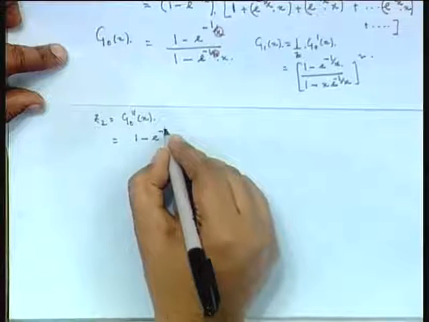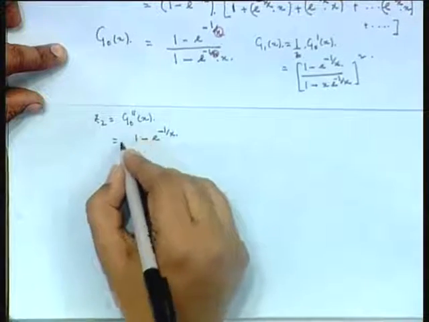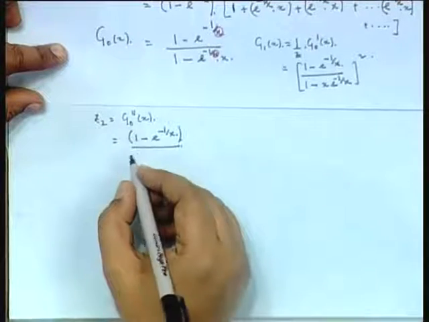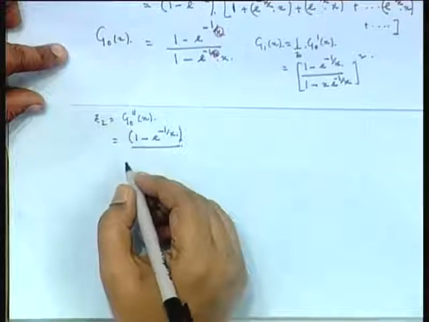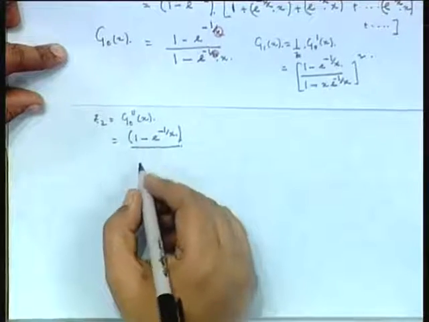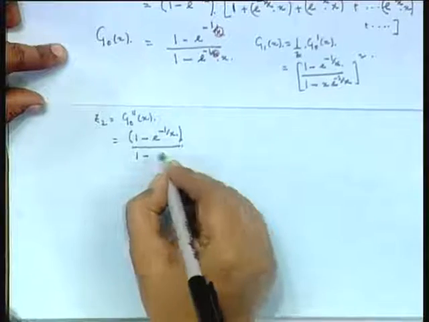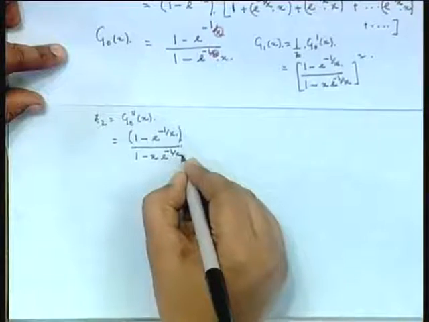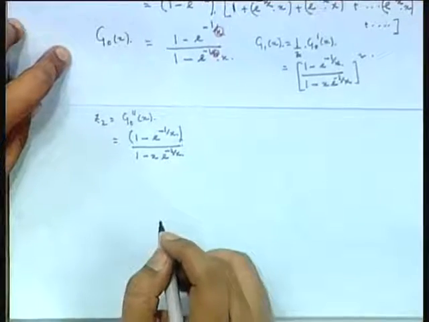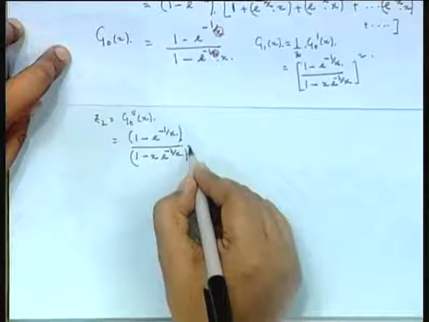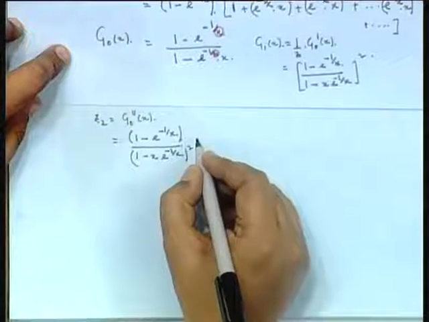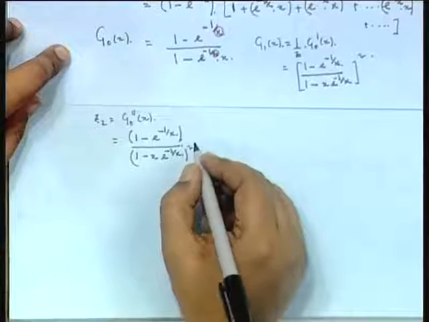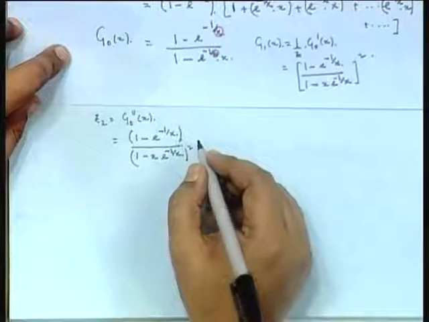Let us write, because the top stays as it is, the bottom, 1 minus e to the power whole square, and what comes here? It will become a plus, and plus what?